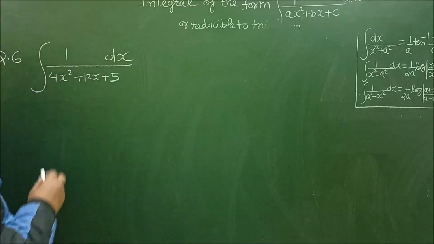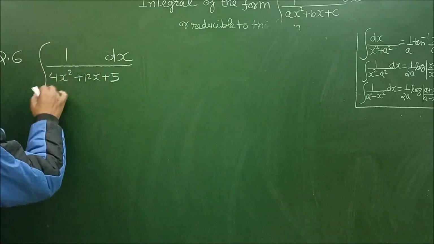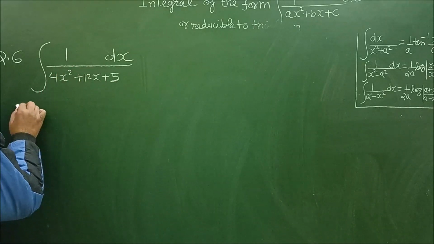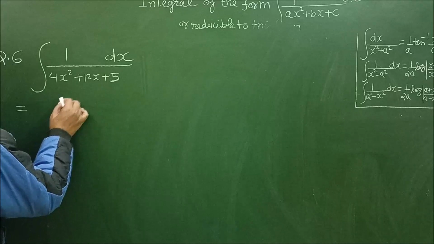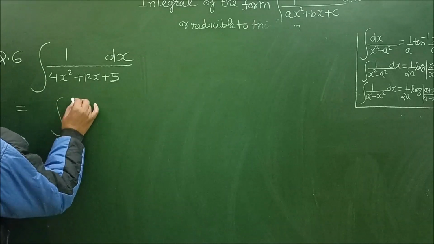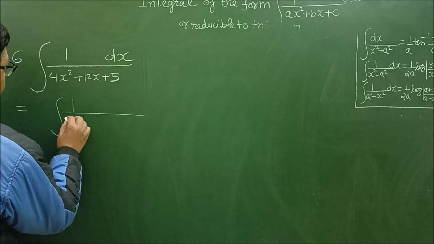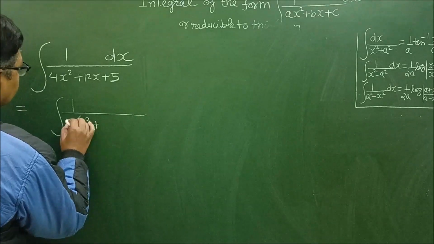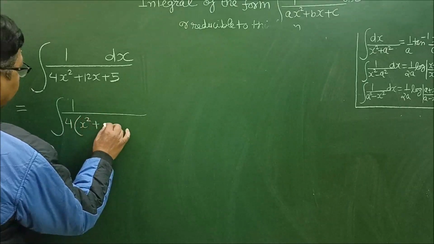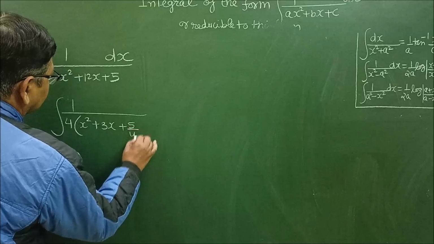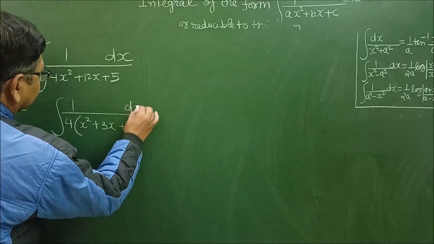Question number 6. Find the integral of 1 upon 4x square plus 12x plus 5. To make the coefficient of x square 1, take 4 common in the denominator. So if we take 4 common in the denominator, this expression reduces to x square plus 3x plus 5 upon 4, dx.